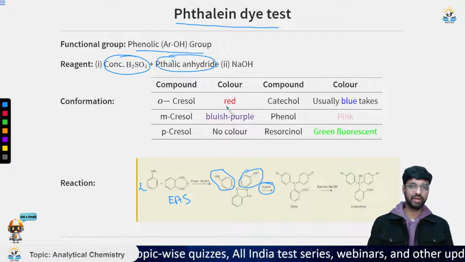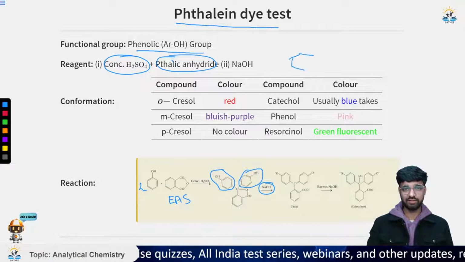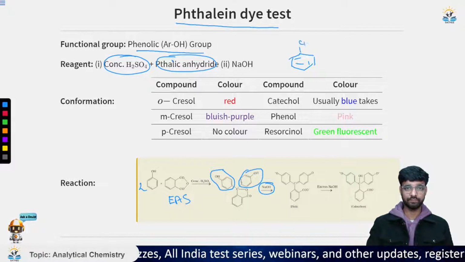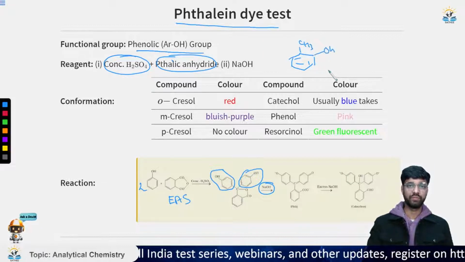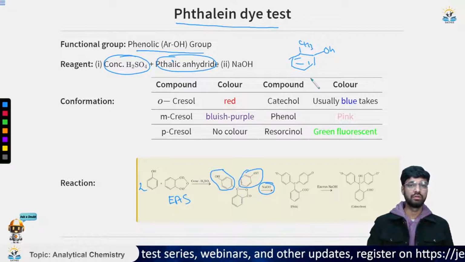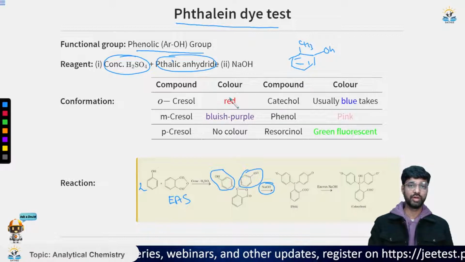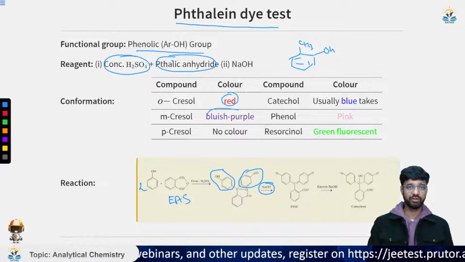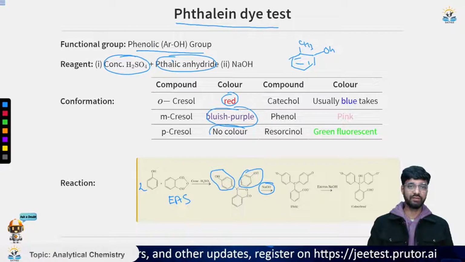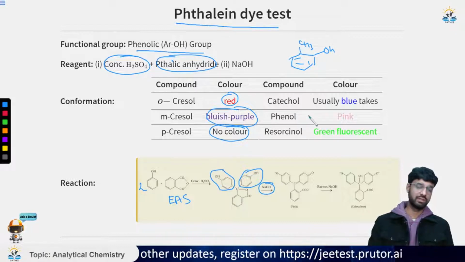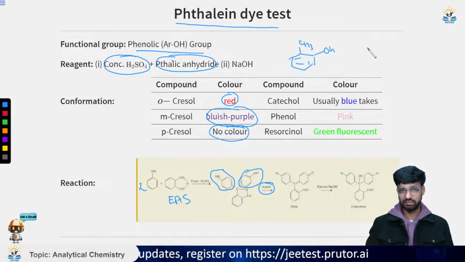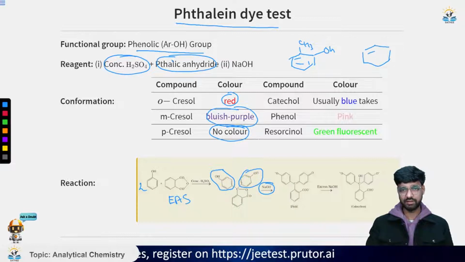If it is o-cresol, o-cresol looks like this. Then we have m-cresol and then p-cresol. So o-cresol gives red color, m-cresol gives bluish purple, and p-cresol gives no color. Then again we have catechol. Catechol looks like this, OH, OH.